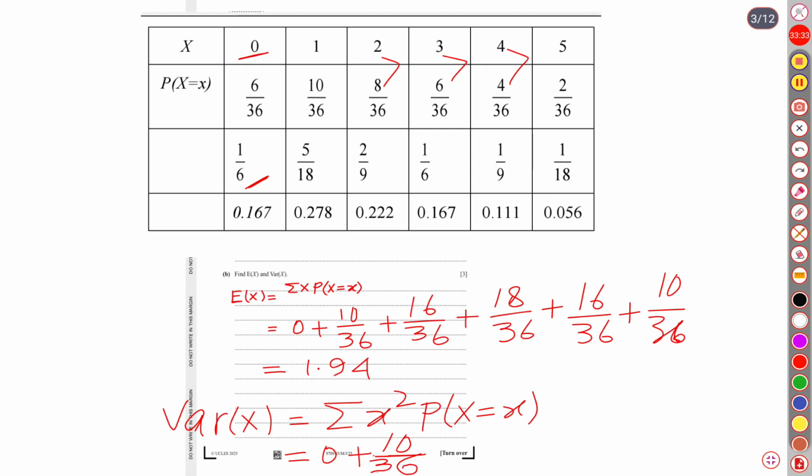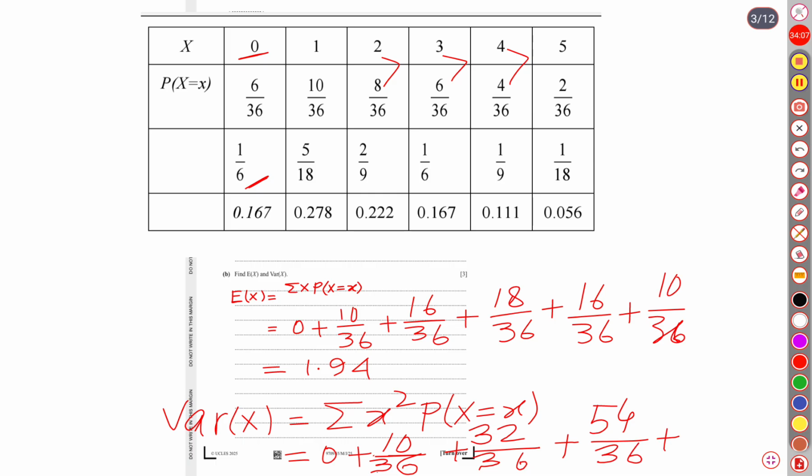Then the third one is 2 squared, 4, so 32 over 36. Then the fourth one is 3 squared, 9, and 9 sixes are 54, so 54 over 36.